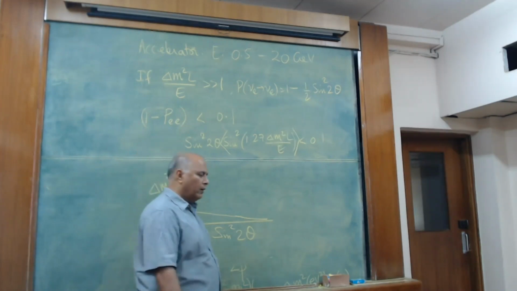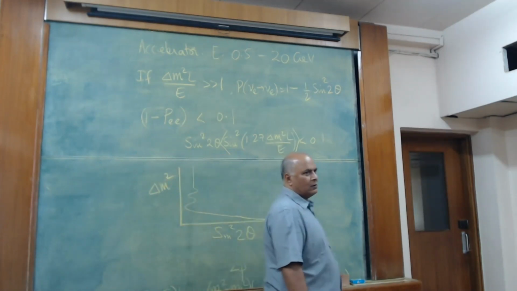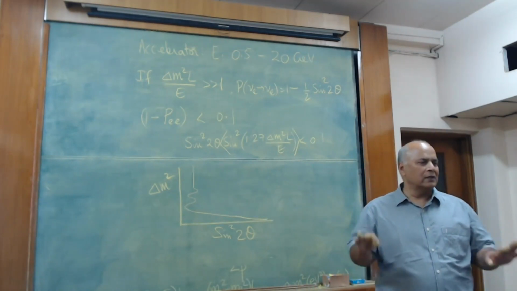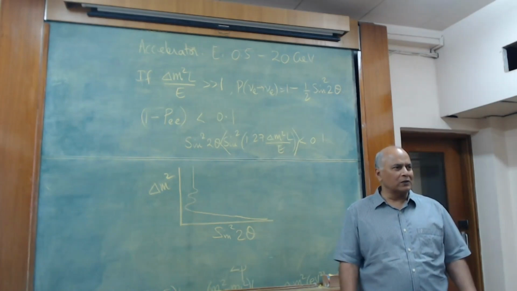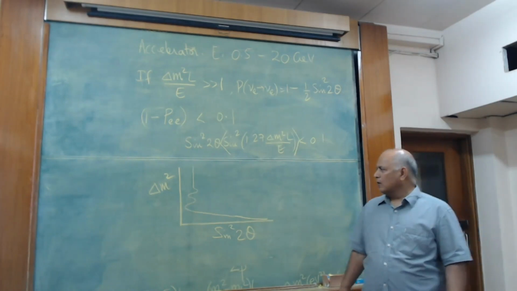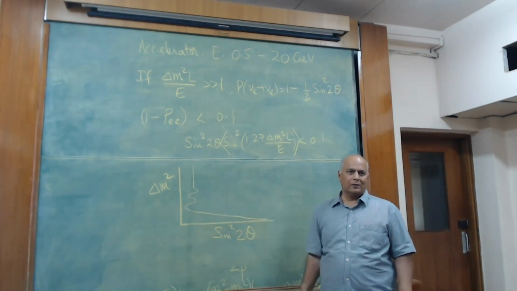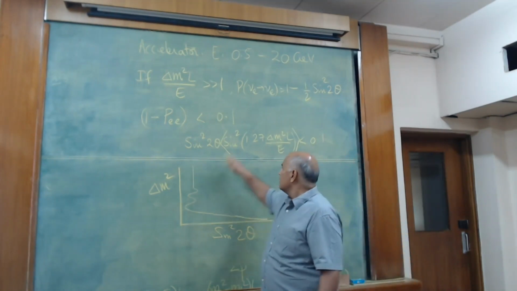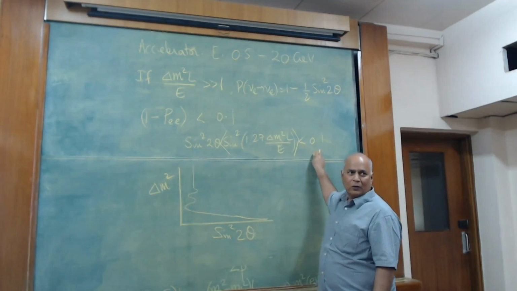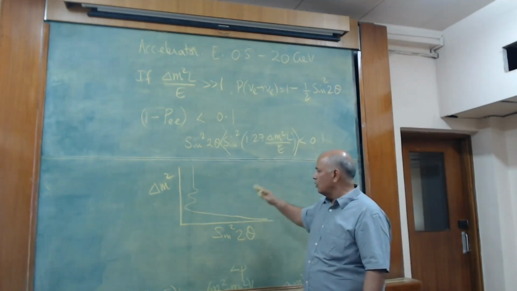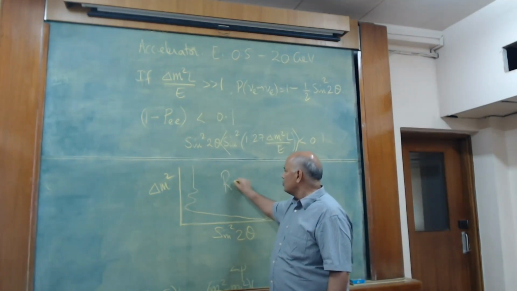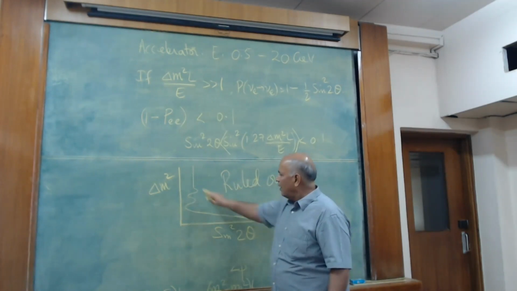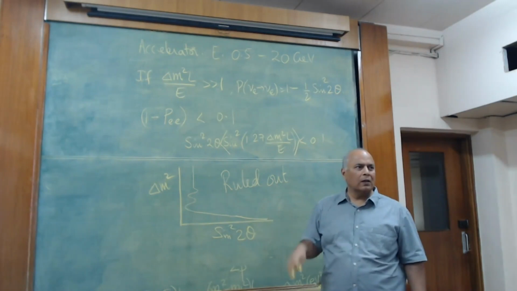So if you look at any of the papers which talk about neutrino oscillations with man-made sources, all the curves look like this. So this is the curve where equality holds. So this region is ruled out and this region is the allowed region.